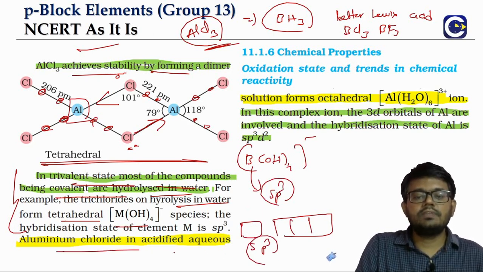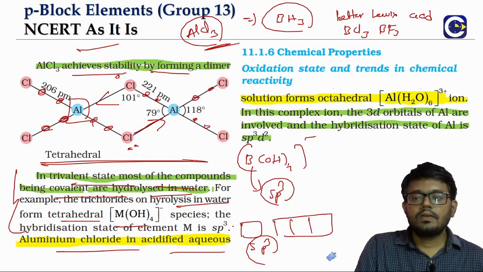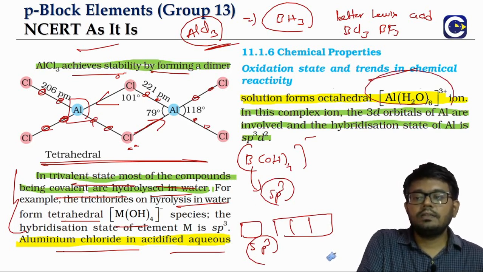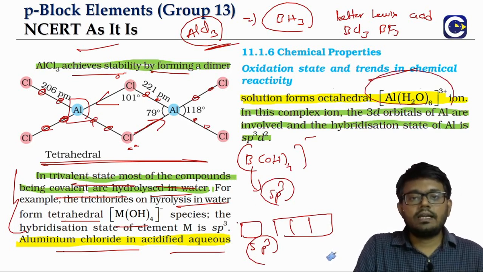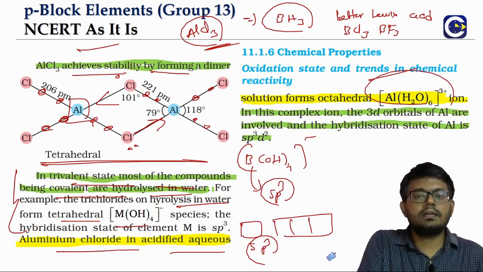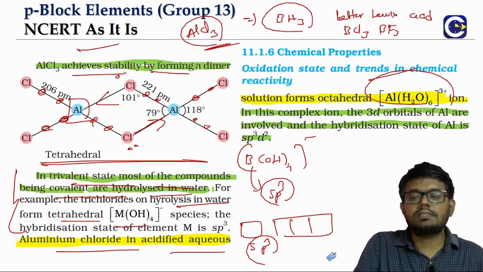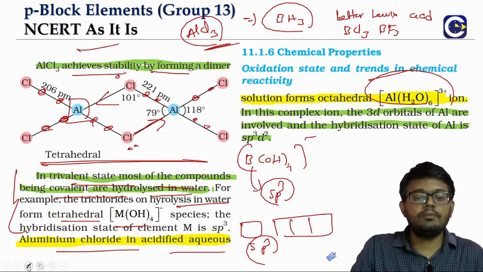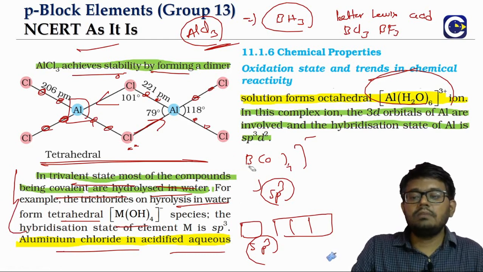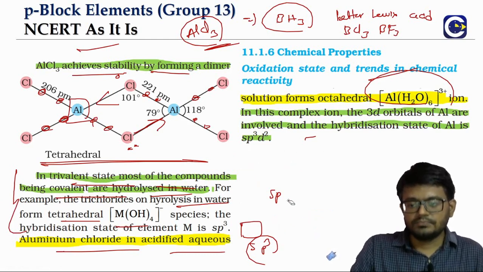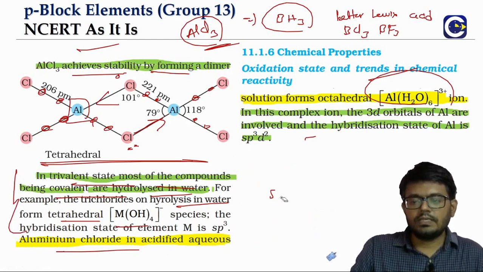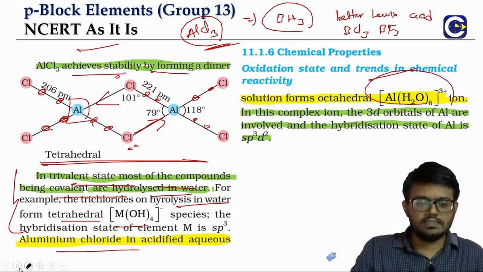The boron will be using its 1s orbital and 3p orbitals, sp3 hybridization. Whereas in case of aluminum, we can have the octahedral complex ion. The covalence of aluminum here is 6. So aluminum will be using the available d orbitals also, since it has to form 6 bonds.